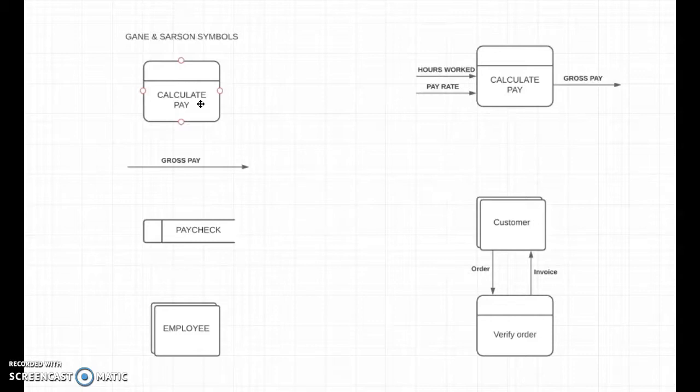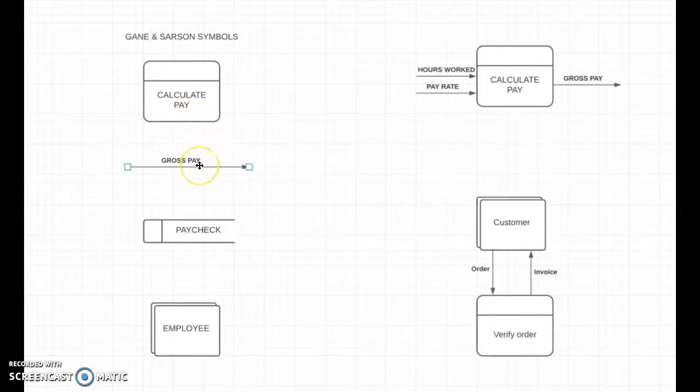It contains logic or business rules that transform data and produce the required results. A process symbol is also referred to as a black box because the underlying details and the logic of the process are hidden.